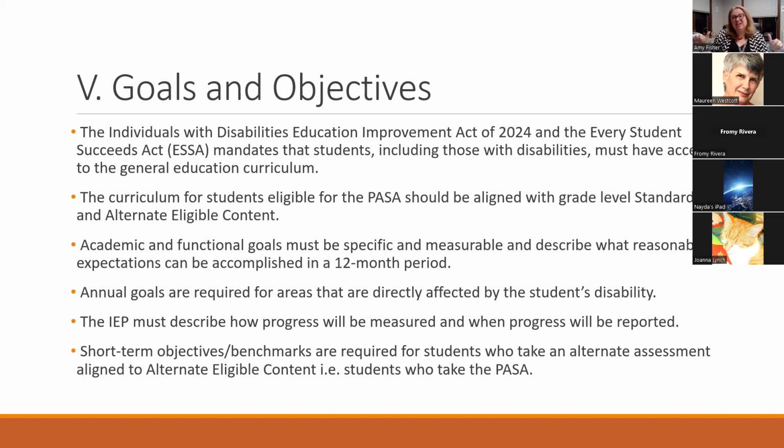By the end of the second trimester, the student is going to identify all lowercase letters and 13 of the uppercase letters. And then the final benchmark would be being able to identify all lower and uppercase letters with 95% accuracy. So it breaks the goal down into smaller measurable steps, but that is only done typically for students who are taking the PASA, the alternate assessment.